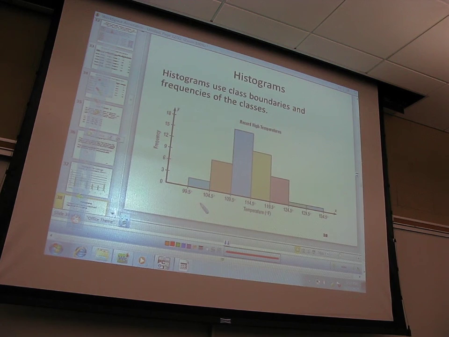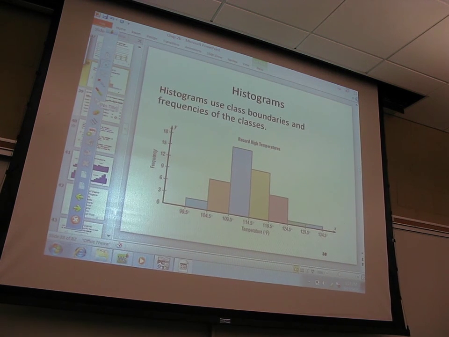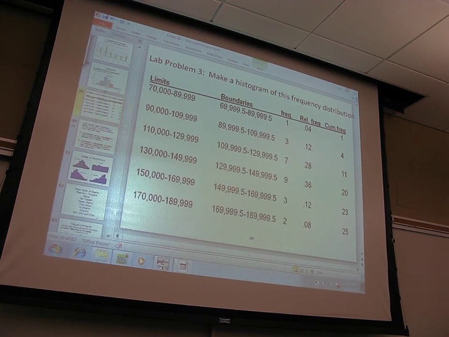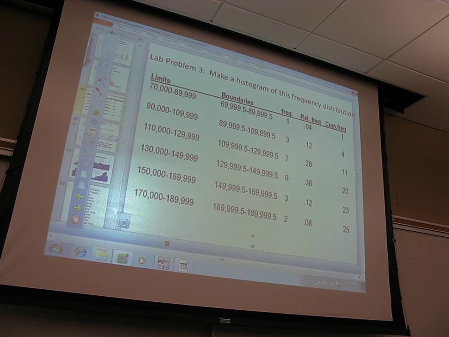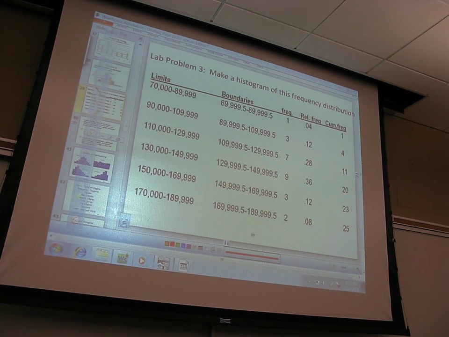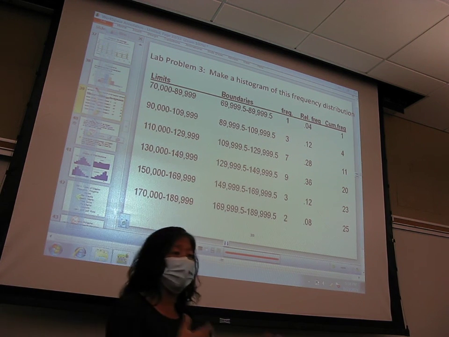All right, so that was the last thing we did last class: you were supposed to make a histogram of this frequency distribution. You can do it either using boundaries or using class limits, either one. Again, if you use the class limits, the bars should not touch.